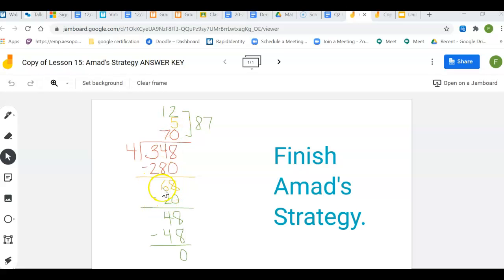I know that 5 times 4 is 20, so I did 5 here, and I get 20 down here. So I should make another subtraction. 68 minus 20 is 48. So 4 times what number is equal to or close to 48 without going over, and that's going to be 12. So the total up here is going to be 87.